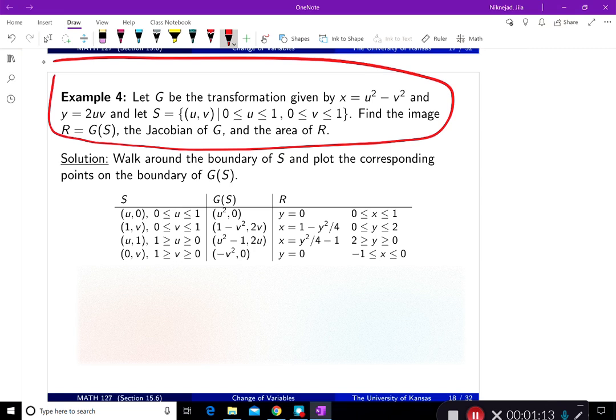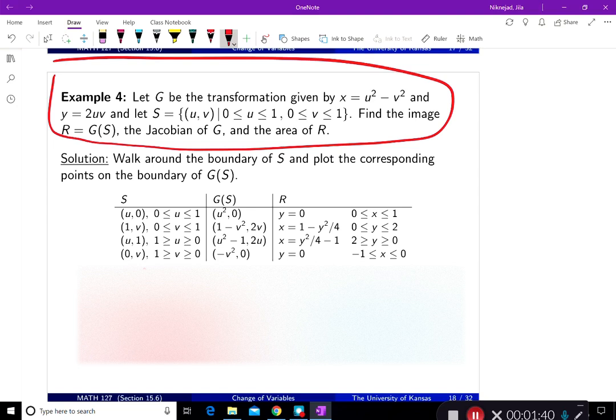First of all, let's draw region S. Region S is down here in the UV plane, and it's basically a square shape, between points 0 and 0, 1 and 0, 1 and 1, and 0 and 1.